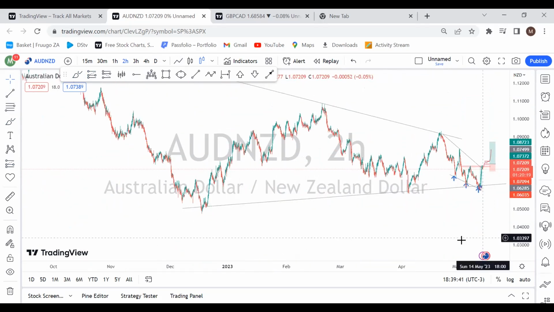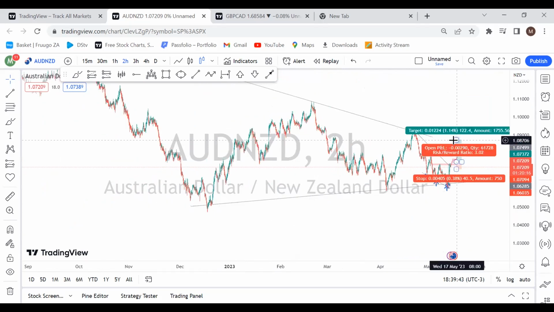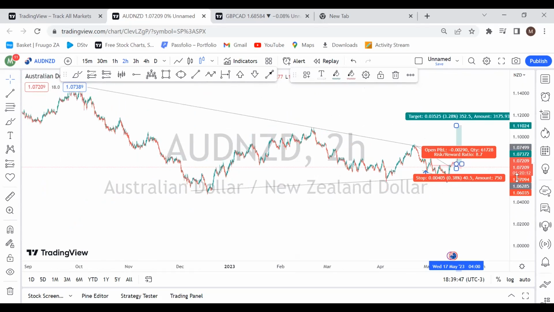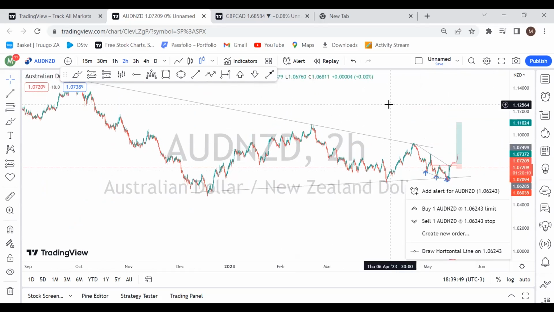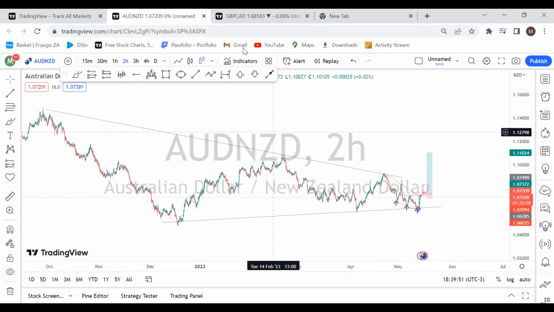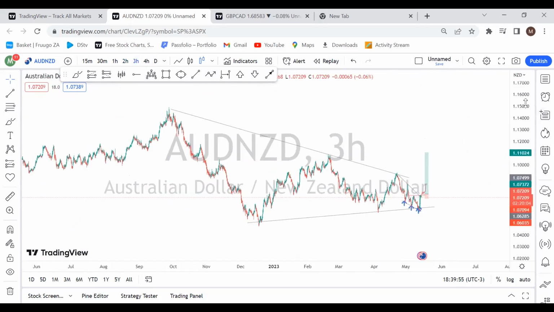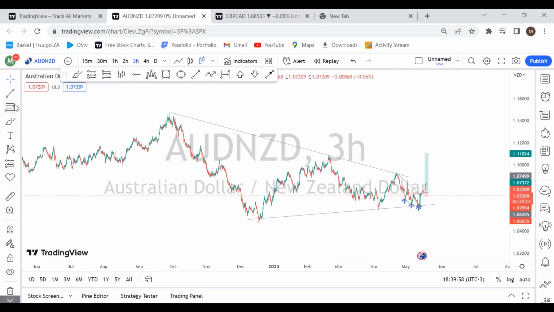So I'll be looking at something like this from this point to the upside. Let me just scale up to the 3 hour time frame and have my second target at this level right here.